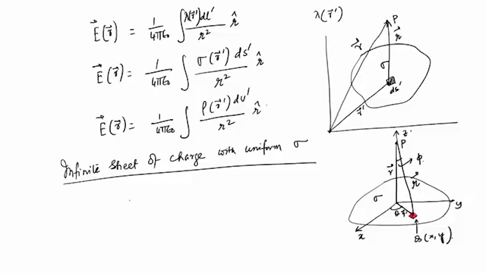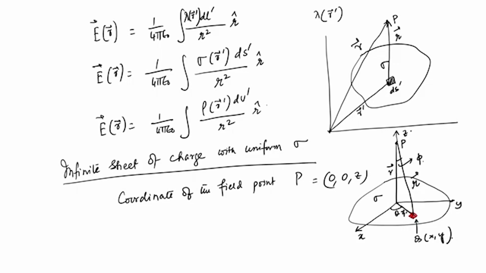So, the coordinate of the field point P is 0, 0, z.